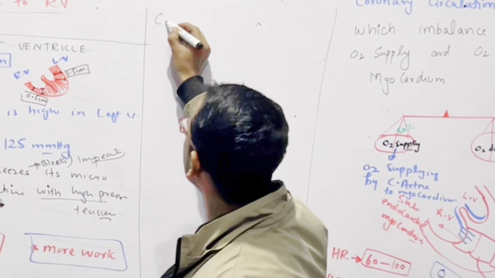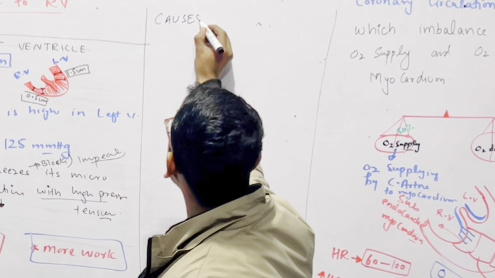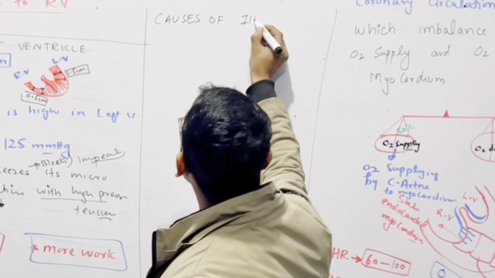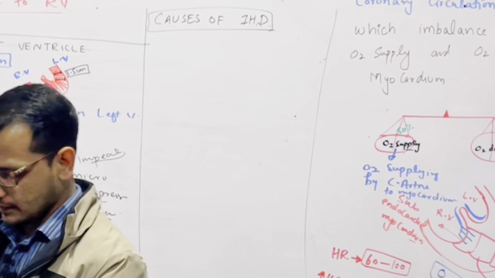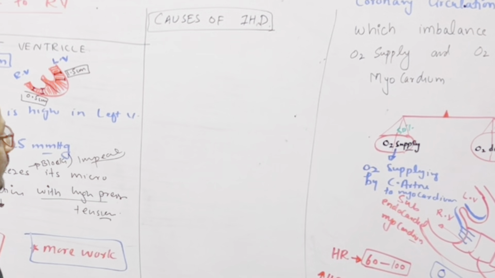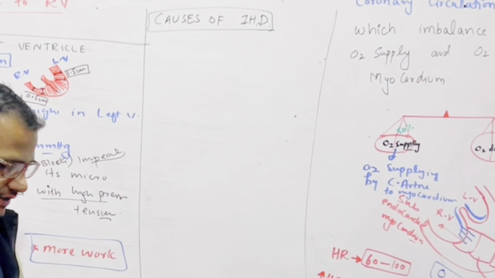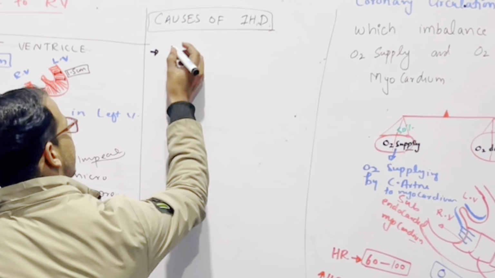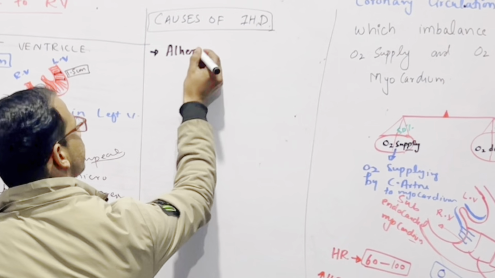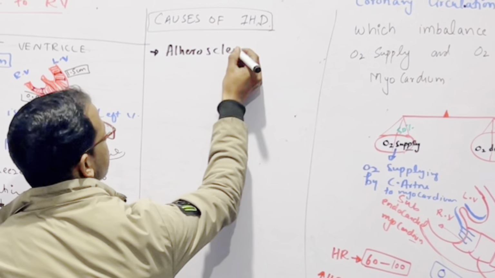Causes of ischemic heart disease. Remember, there are many causes of ischemic heart disease, but we will discuss only the important causes. For example, the first and the most important cause is atherosclerosis.